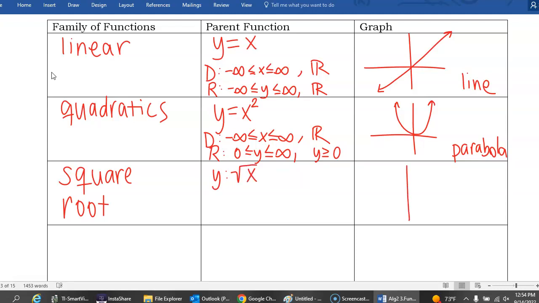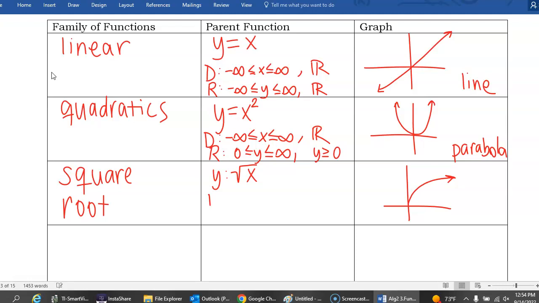And if we're going to look at the shape of that graph, when we square root a number, we can only square root positive numbers. And when we square root a positive, we will end up with a positive value as well. So we're only going to be looking at one quadrant here. That is our square root graph. And it is like a parabola, but turned on its side. Because we can't root negatives and we don't get outputs that are negatives, we only have the positive values.